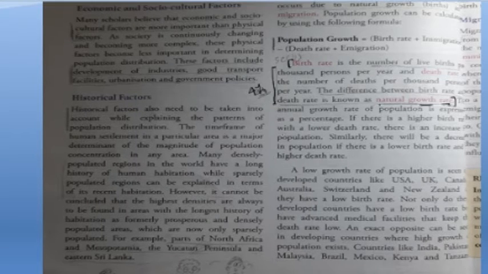And I. If there is low birth rate and high death rate, will the population increase or decrease? So in this case, population will decrease. Question number I. If there is low birth rate and high death rate, the population will decrease. Okay.